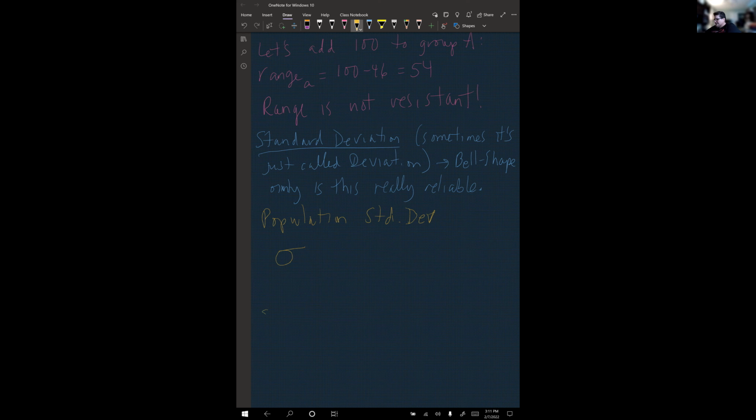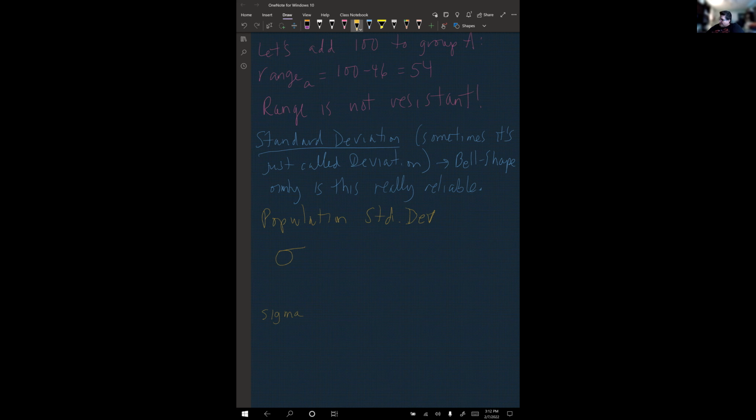This is lowercase sigma, or the big E, uppercase sigma. I don't know why the letters look so drastically different, but that's what we use for population.